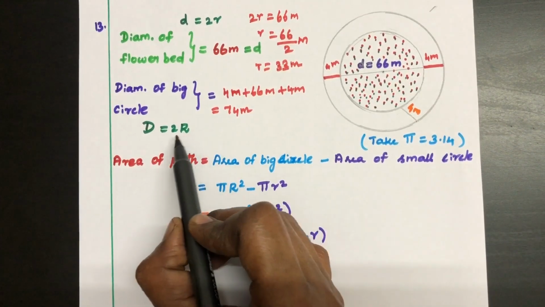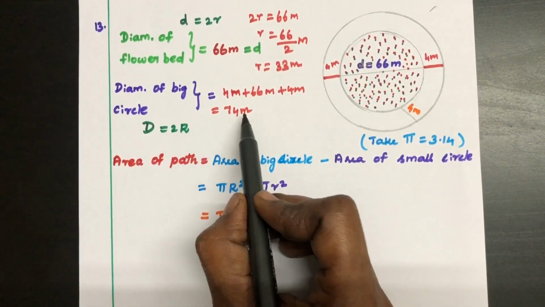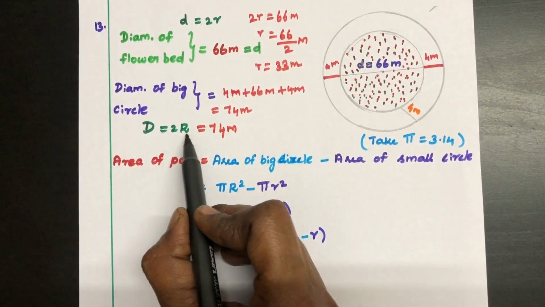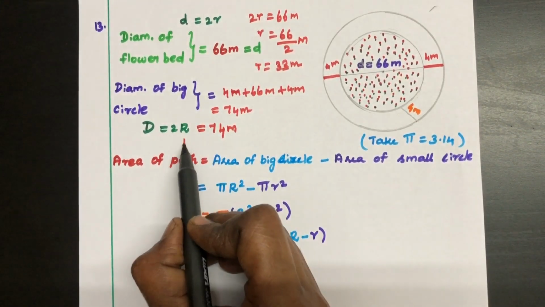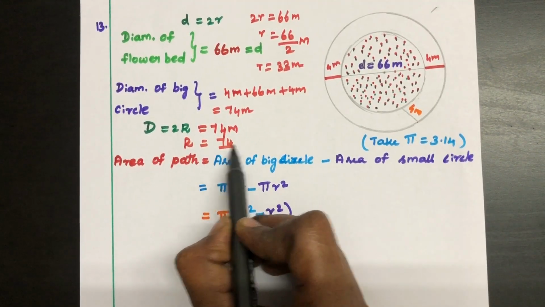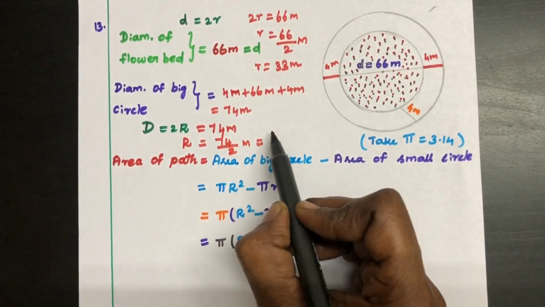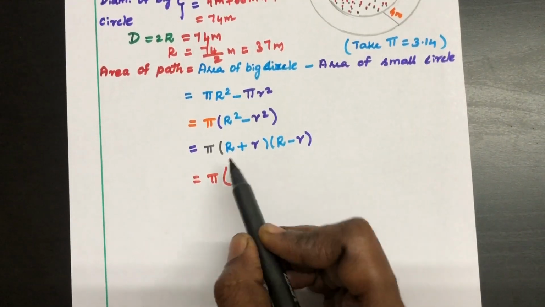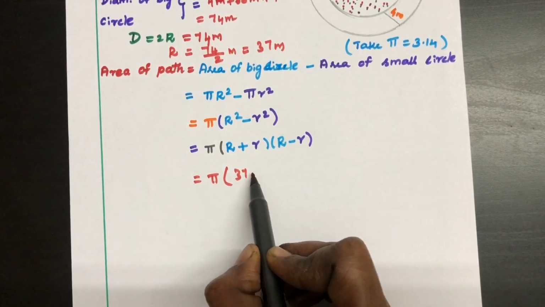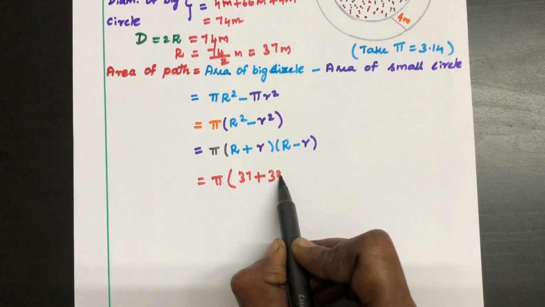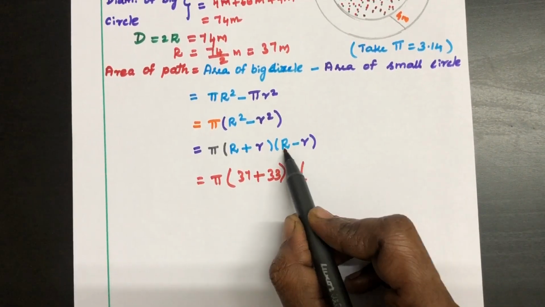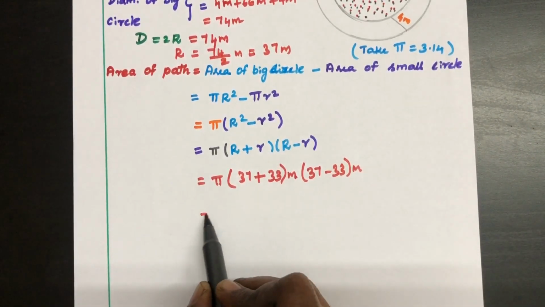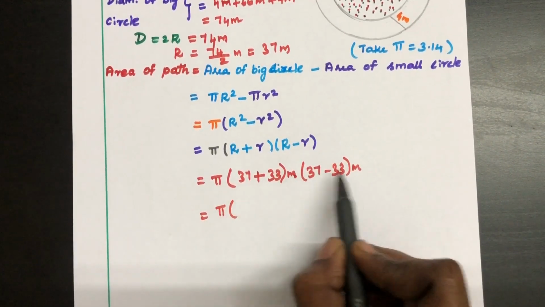Now, capital D is equal to 2R. What is capital D? 74 meter. So 2 capital R equal to 74 meter. So what is R? R equal to 74 divided by 2 meter. This is 37 meter. Now pi into capital R value 37 plus small r value 33 meter, into capital R 37 minus 33 meter, meter square.